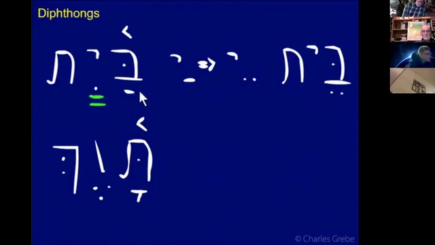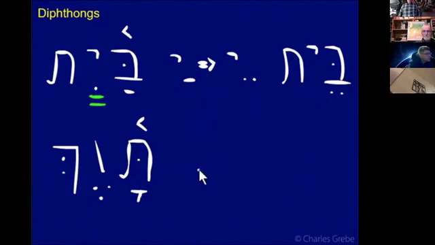When this diphthong contracts to this vowel, then you don't need this anymore, and so it drops out. So you could think about the diphthong contracting to this and then the helping vowel dropping out. That's probably the best way. Some people will actually put the helping vowel here and say this whole thing contracts to this. Just a matter of how you want to look at it. This is probably more accurate to say that the diphthong contracts and the helping vowel is no longer needed, and so it drops out.